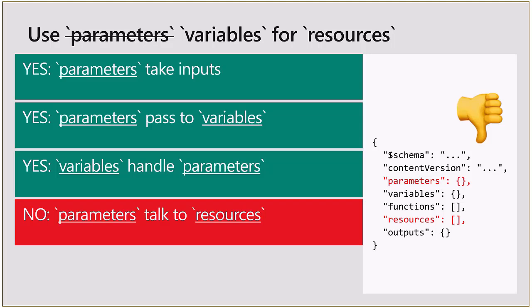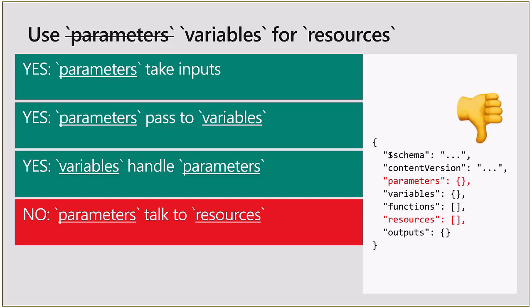If the number of parameters gets bigger and bigger, the amount of scrolling also gets bigger and bigger. Now, if we pass all the parameter values into variables, and variables take care of all the value manipulation, then we don't have to scroll all the way up and down.